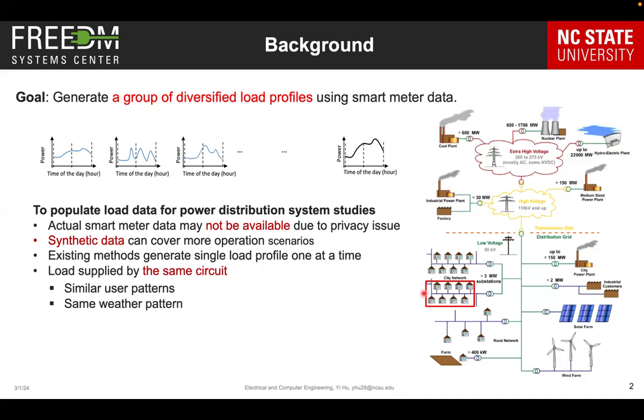This kind of group feature may not be easily explicitly described, but it does exist. So our task is to generate a group of node profiles and preserve this kind of group-level feature.